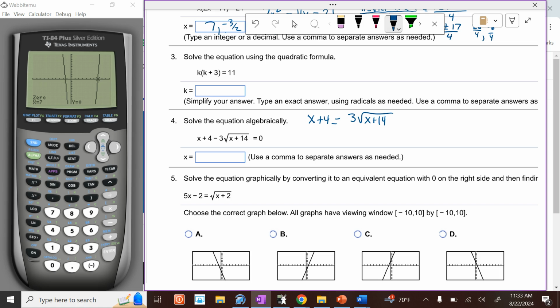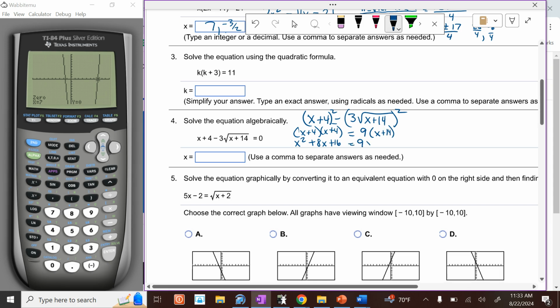Then to get rid of your square root, you have to square both sides. So if you square x plus 4, it's like taking x plus 4 times x plus 4, which is x squared plus 8x plus 16. On the other side, 3 squared is 9 times x plus 14, or 9x plus 9 times 14 is 126, I think.